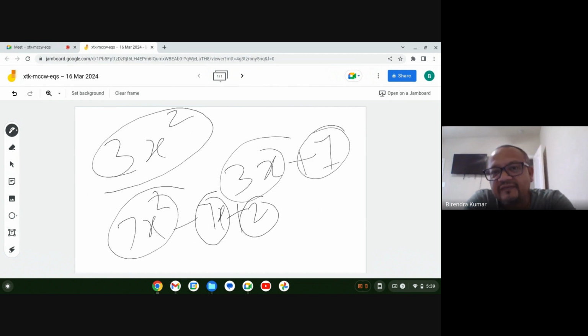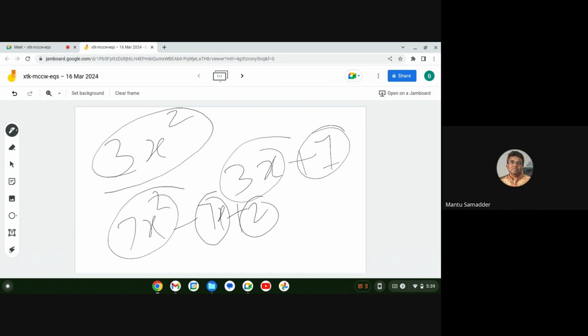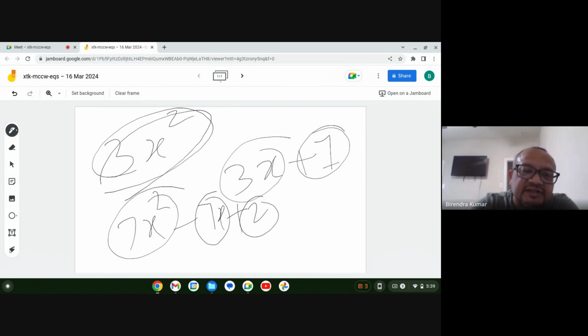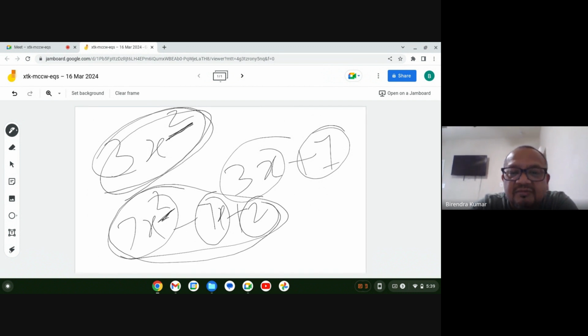Now, when we talk about a polynomial expression, we also look at the degree. The degree of a polynomial expression is nothing but the maximum power of the variable. If you're looking at this expression, the degree is 2 because 2 is the maximum power.